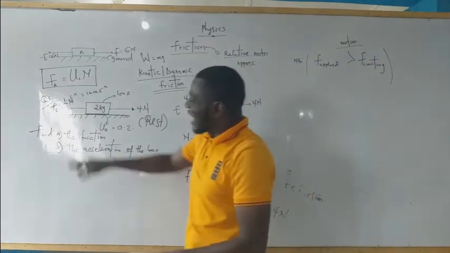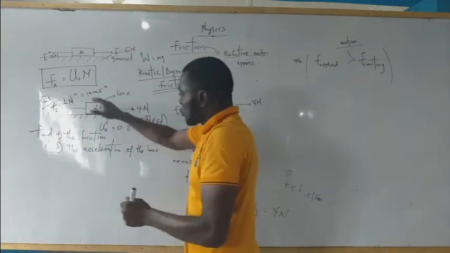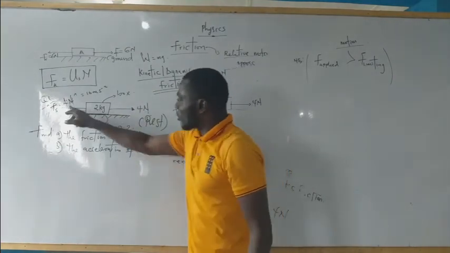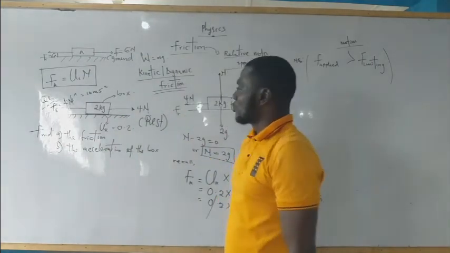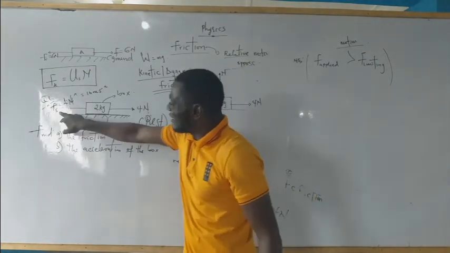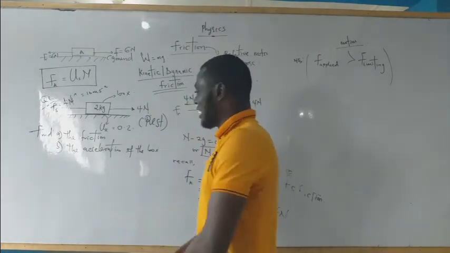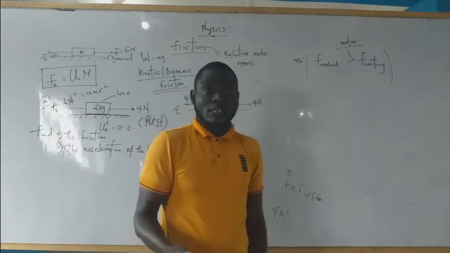This is static force because this is equal to this. So the box will still remain in the same position, not moving, because this force and this force, you can see 4 Newton, are equal. Meaning that this force is a static force. So since it's not moving, there's no need of looking for acceleration.